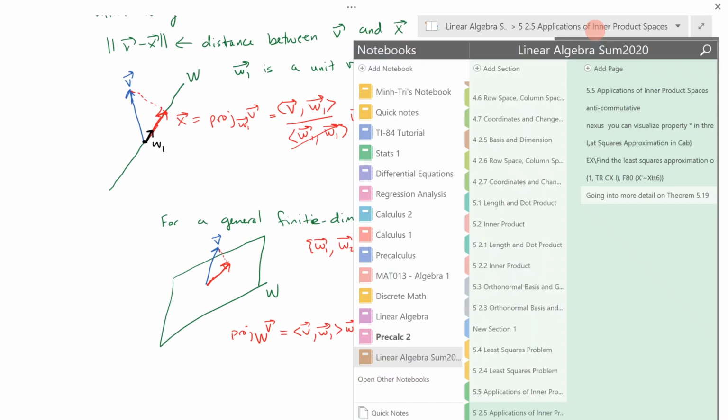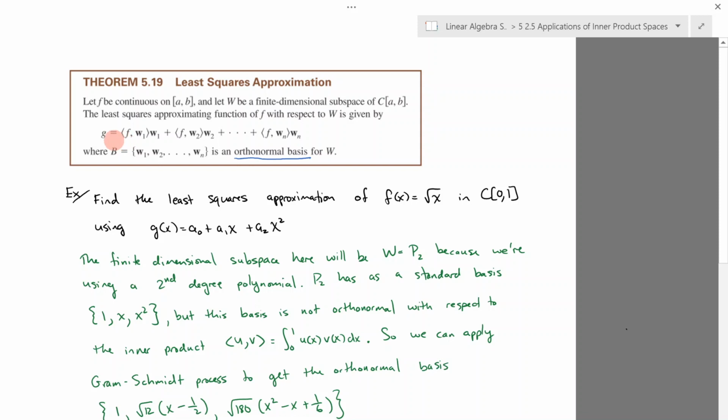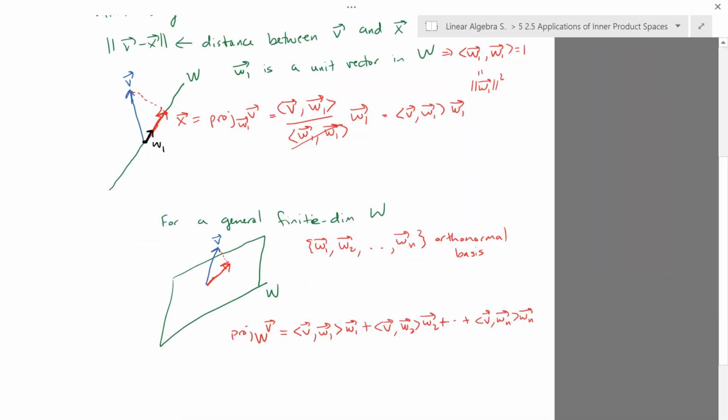So that's basically where this calculation comes from, geometrically speaking.